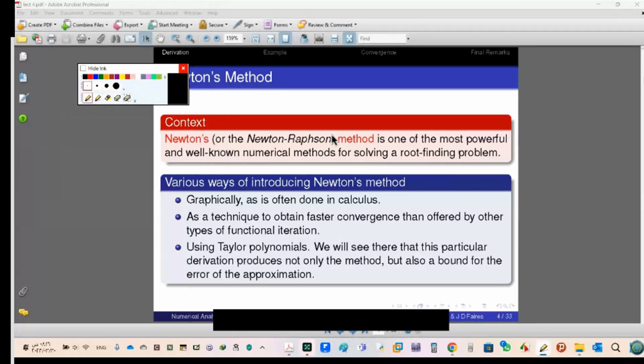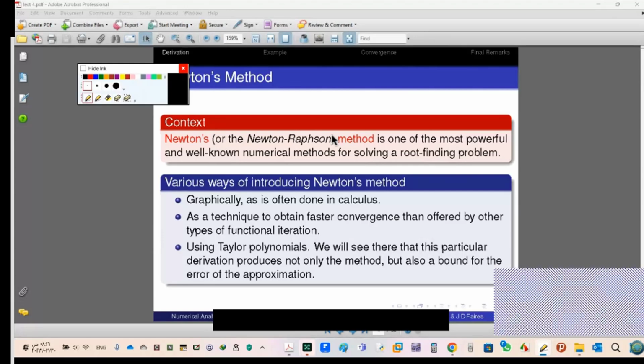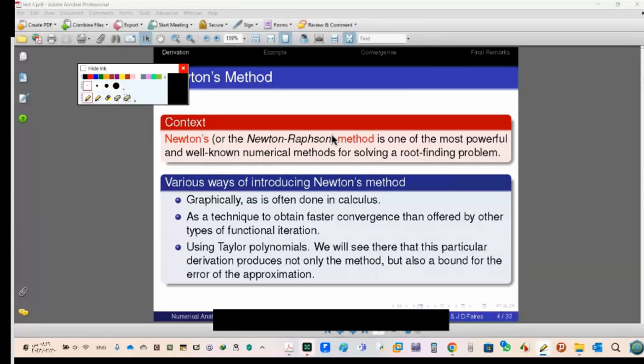Newton method is one of the most powerful and well-known numerical methods for solving root finding problems. So again, Newton is one of the most powerful methods to find a root.